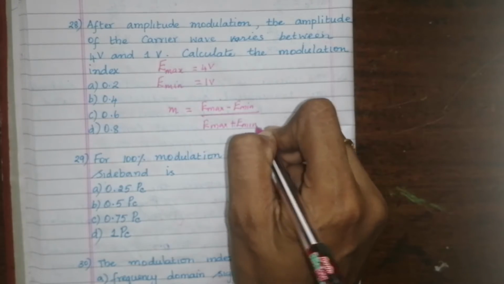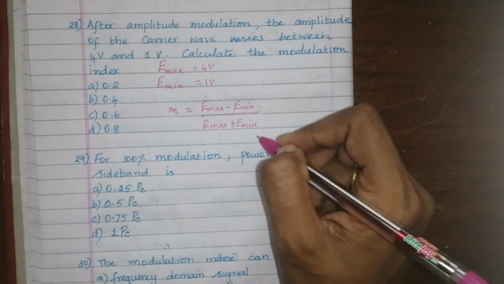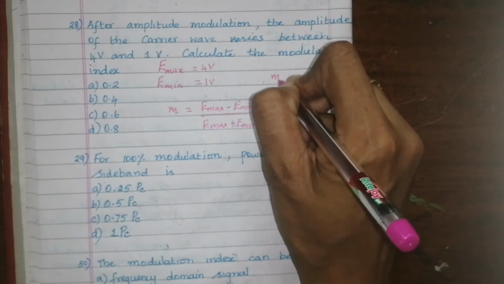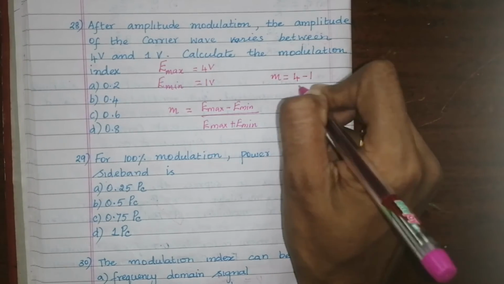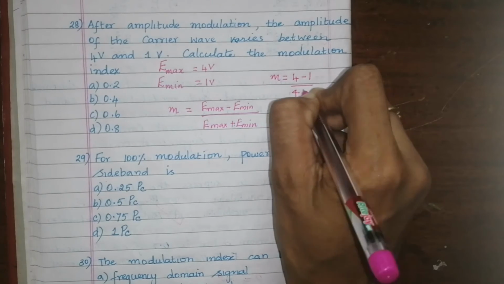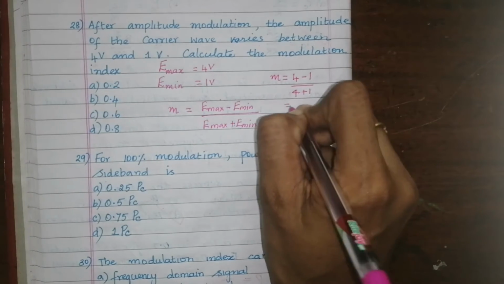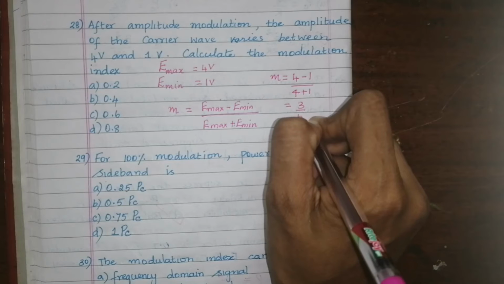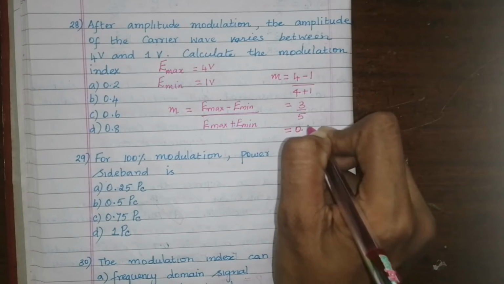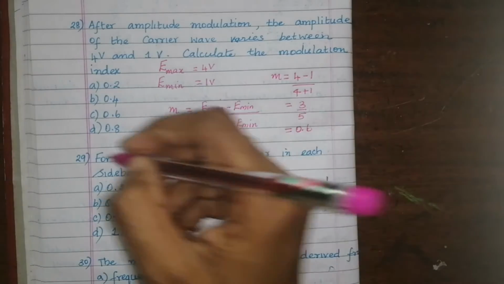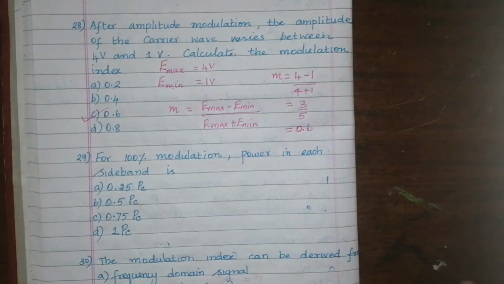Substituting the values, M is equal to 4 minus 1 by 4 plus 1, which is equal to 3 by 5, which is equal to 0.6. And the correct option is option C 0.6.